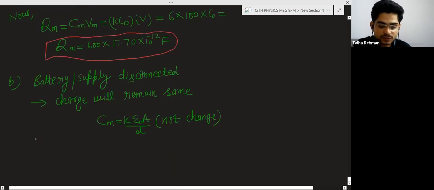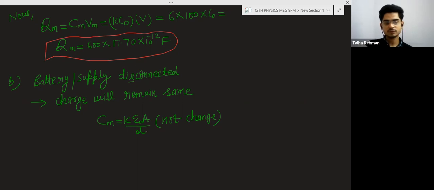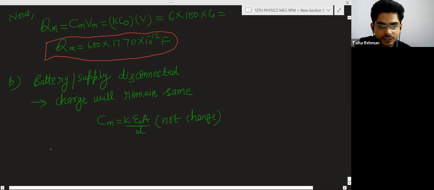If capacitance is not changed and charge is changing, and you can calculate the potential. What would happen with potential? Q is equal to CV, so V is equal to Qm divided by Cm.